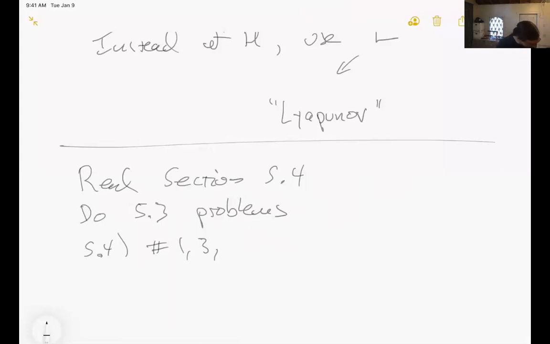I don't think you need to do those. And 13 is about gradient systems, which we'll do next time. So when you get to 13 and the later problems, I'll assign those next time. So just start with 1 and 3 for now. Make sure you do the 5.3 problems, and then just try problems 1 and 3 from 5.4. That's it.